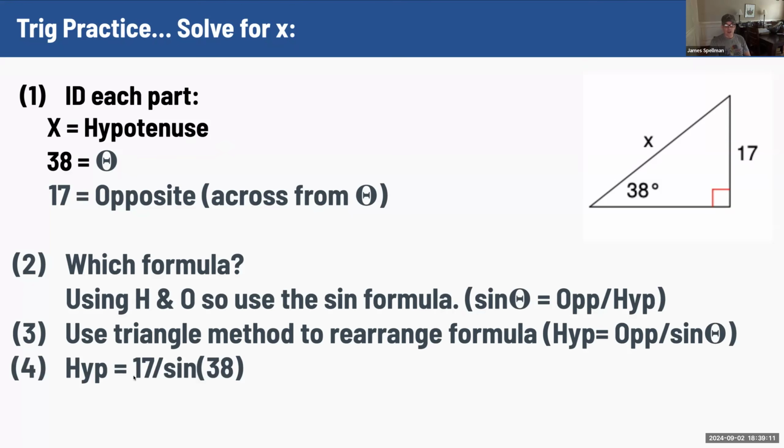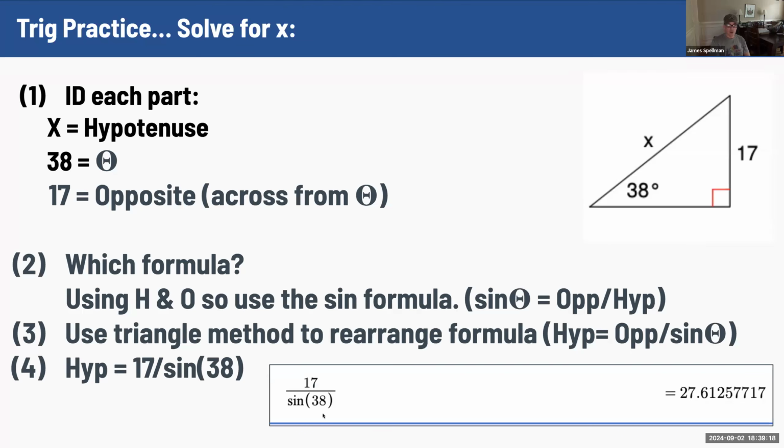Once we put that in, again, your opposite was 17, your theta is 38, and you want to put it in like this. And if you put it in your Desmos calculator, it should look like this, and you should get that answer. So pause now if you need to, so you can kind of get yourself caught up and work through the problem. Again, rewind if you need to.